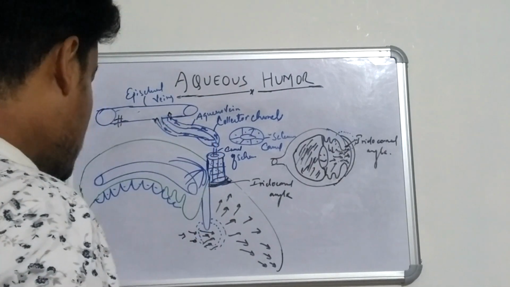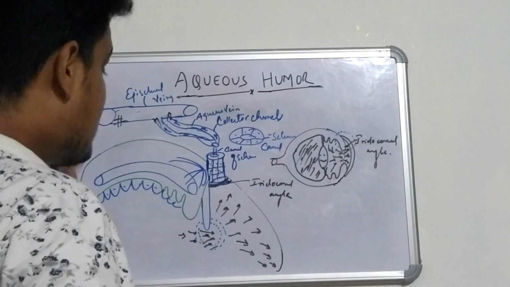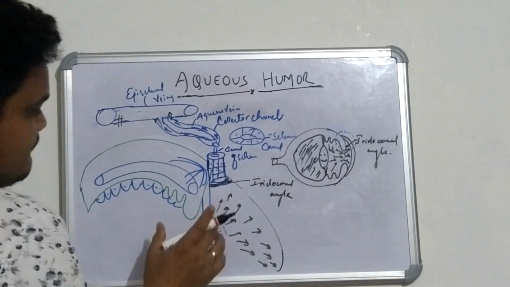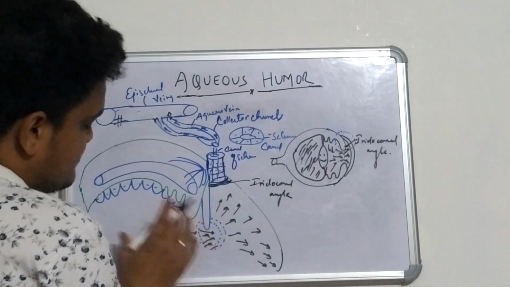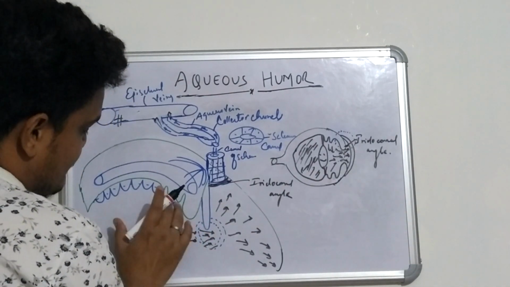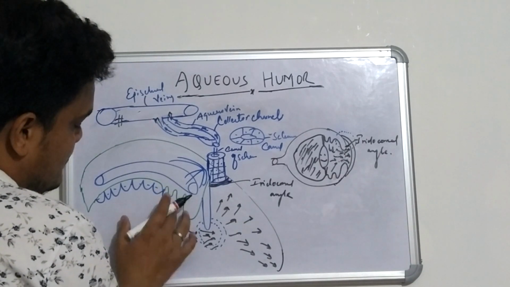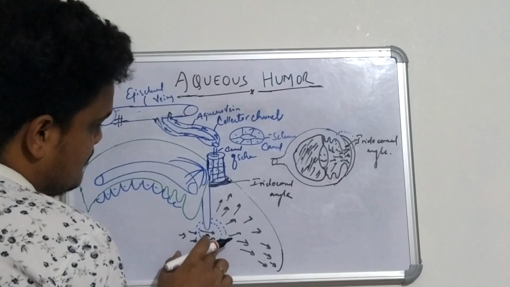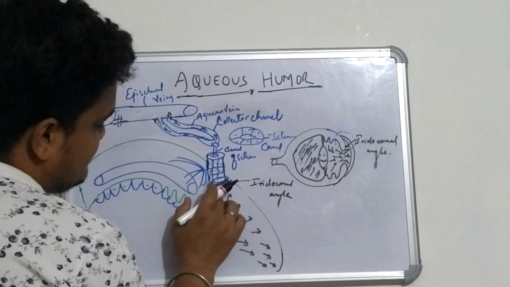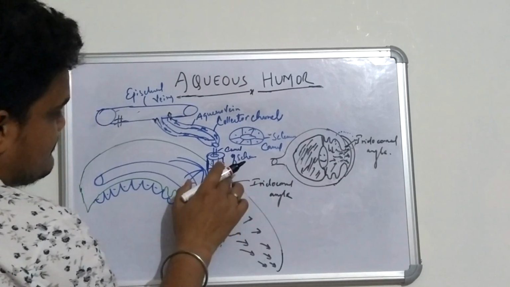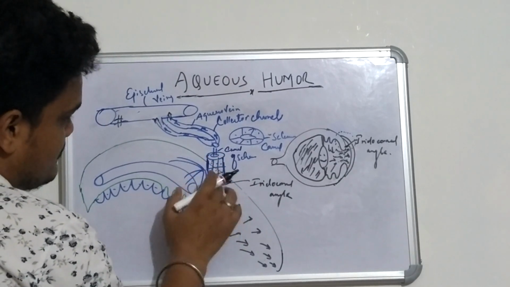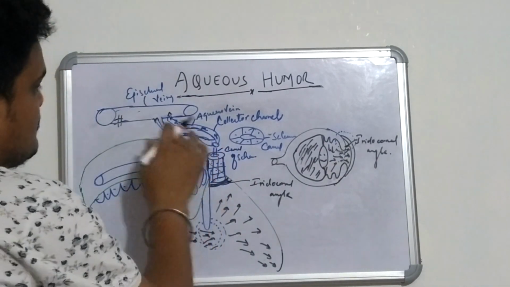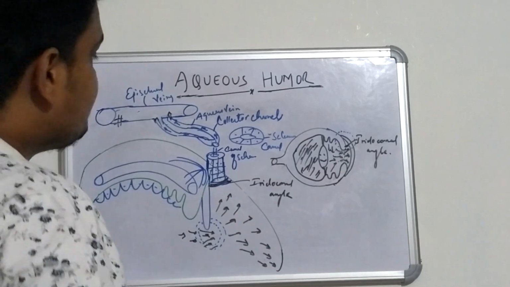Okay, so what is very important to understand here is the circulation of the aqueous: it is produced by the ciliary body in the posterior chamber, goes to the anterior chamber through the aperture, and strikes its first interaction in the iridocorneal angle, the trabecular meshwork, which is the very important part, and with the collector channels, aqueous vein and episcleral vein, it will drain out to the ophthalmic veins.